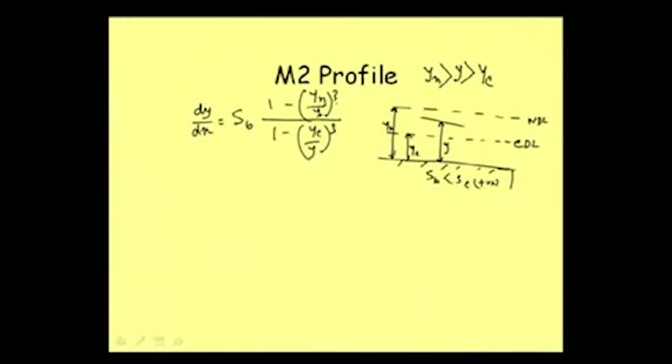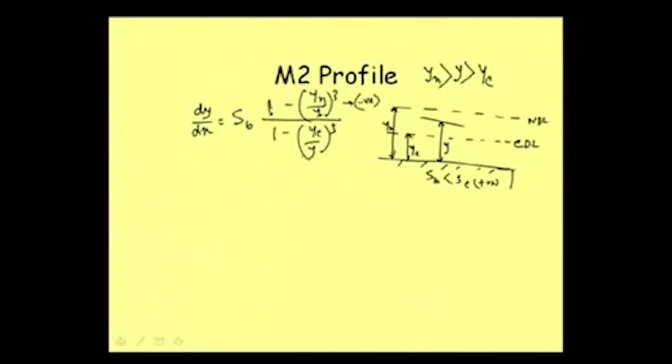Then 1 minus this ratio, which is greater than 1, will lead to a negative value of the numerator. So the numerator becomes negative.